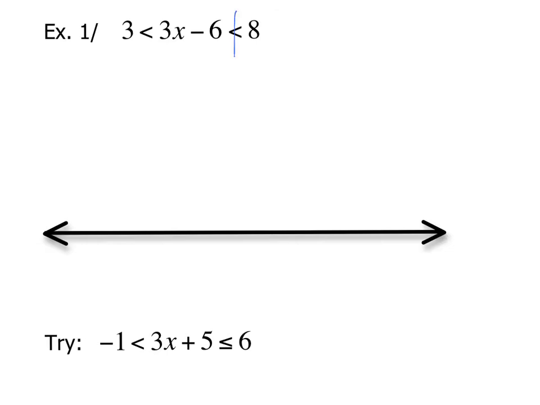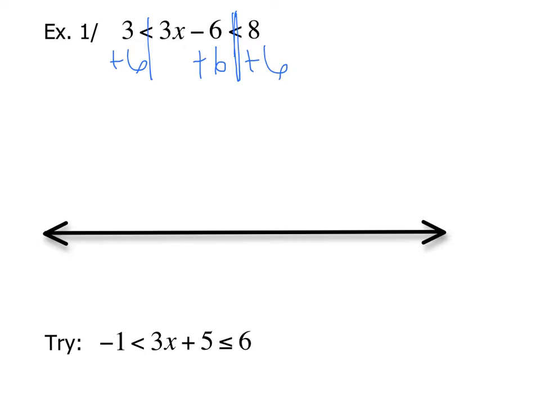Draw my lines through my operations here. Now imagine this 3 is not here. How would you solve it? You'd add 6. And that's the exact same thing you do here. The only difference is that when you add 6, you have to add 6 to all the sides.